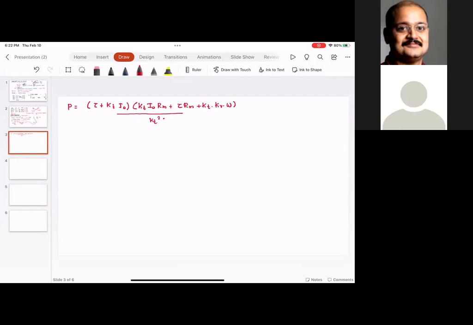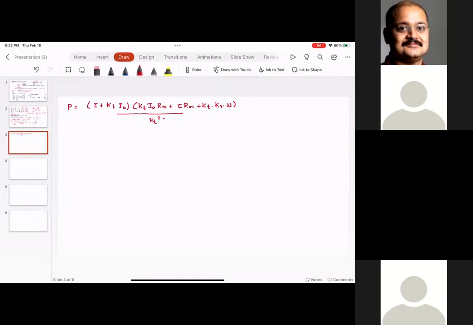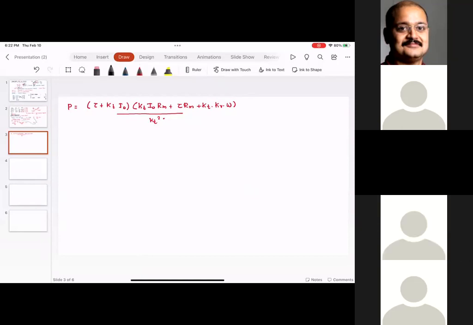Now this is the actual model for power of the motor that comes from the voltage multiplied by current. Now, in this first level approximation, I'm going to assume the motor resistance is very small, so this term goes away. Then the power equation becomes proportional to tau plus Kt I0.